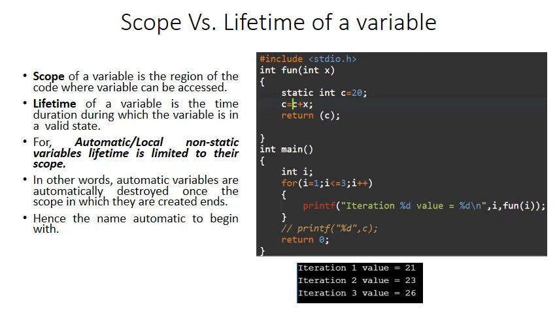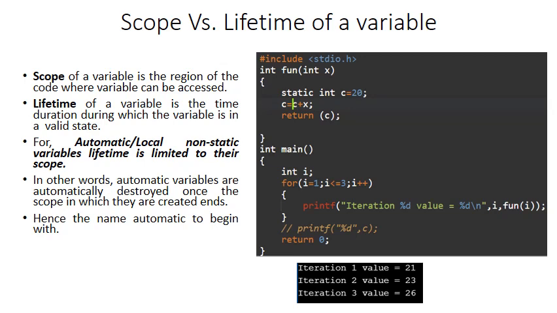However, notice that static variables retain their value between function calls. So c will now be 21 and x is 2. The resultant value becomes 21 plus 2, which is 23, so iteration 2 value equal to 23 will be printed. Similarly, during the third iteration, value equal to 23 plus 3, that is 26, will be printed.